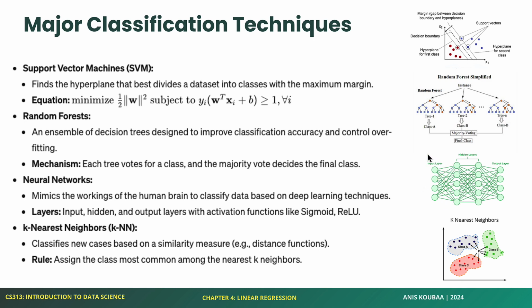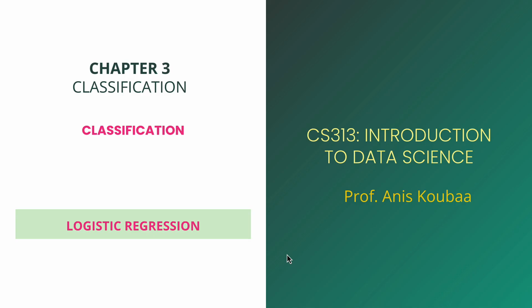This is very helpful for the optimization of complex problems that don't have a linear relationship between the features and the outputs. And KNN is one of the simplest classifiers. It classifies new cases based on a similarity measure, the distance function. So let's get started with the logistic regression classifier.